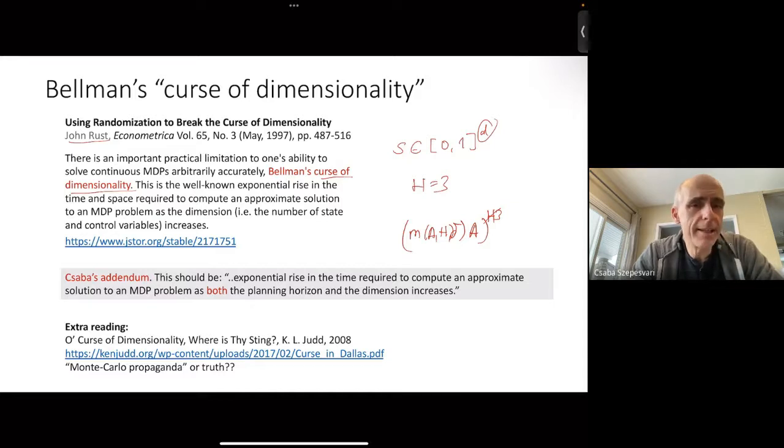Some extra reading for some extra fun is a lecture by an economist. The title of the lecture is "Overcoming the Curse of Dimensionality" or something similar. There are really interesting phrases in this lecture, like "Monte Carlo propaganda."